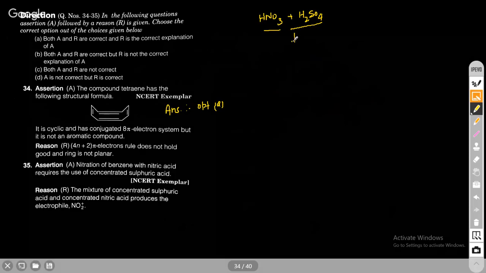Okay, and how does this reaction proceed? From this, we'll get NO2 plus, HSO4 minus, and then H3O plus.